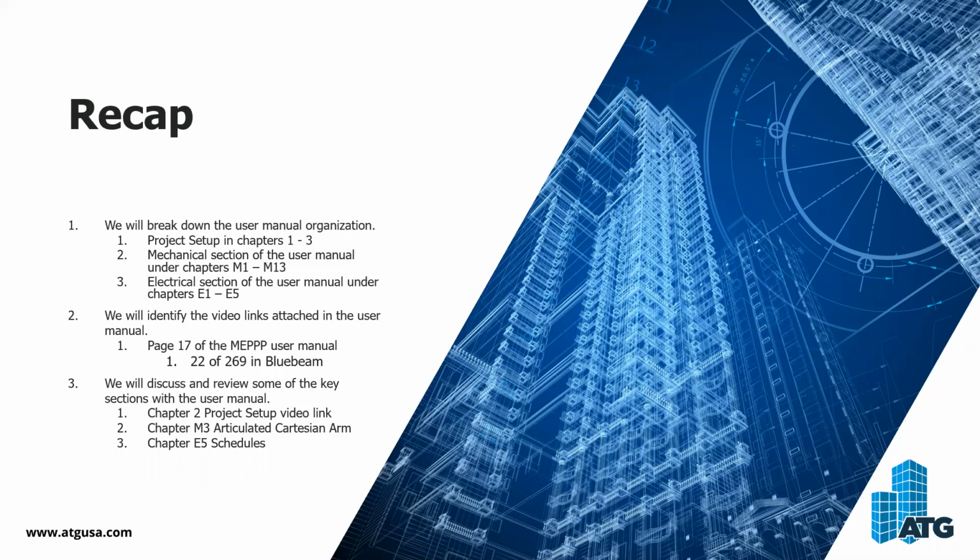And then finally, we end up with the electrical section that covers E1 through E5. So if you're not 100% sure right away as you're going through, you can see the M's versus the E's versus no letter in front of the chapter to indicate where you might be within that manual.